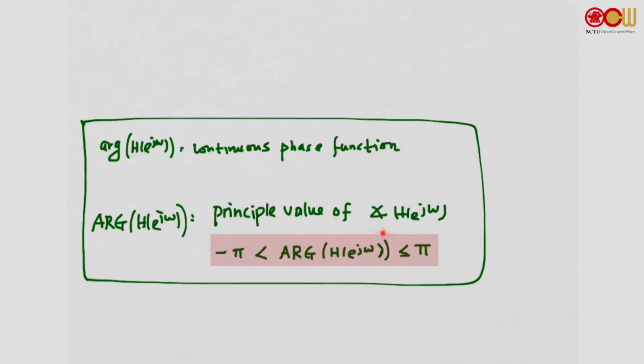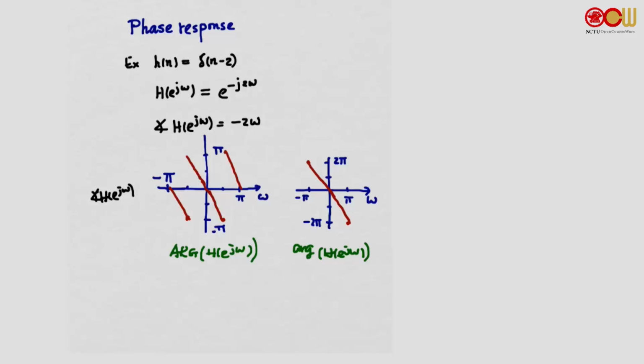So you constrain the phase function to be between minus pi and pi. And the other one is a continuous phase function, and we have the small arg. So with the big ARG, we draw the phase function to be between minus pi and pi. When we draw minus 2ω from 0 to pi over 2, the phase goes from 0 to minus pi.